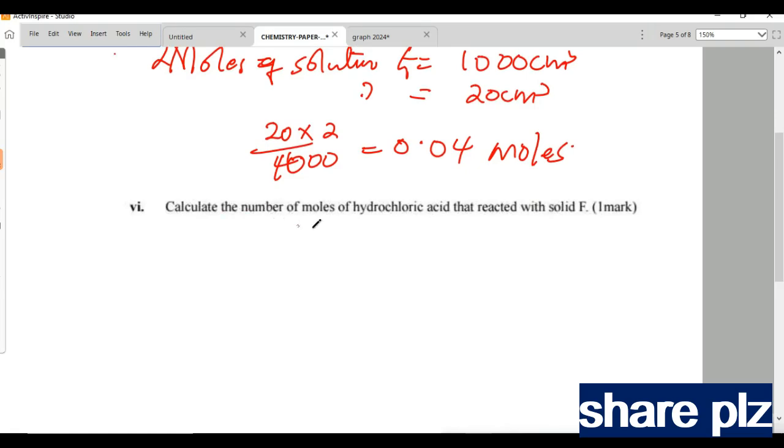Now calculate the number of moles of hydrochloric acid that reacted with solid F. Very good.